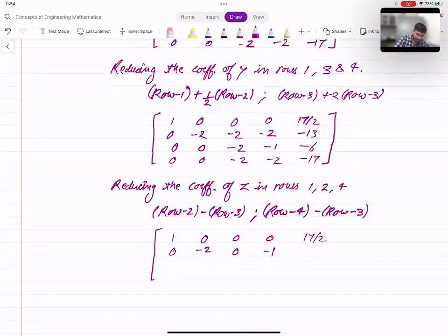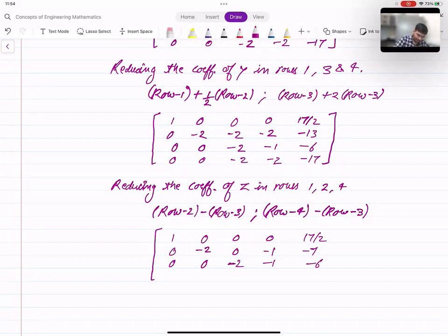And then here we have minus 13 plus 6, sorry, not plus 12, plus 6. So minus 13 plus 6 will be minus 7. Then the third row is unchanged: 0, 0, minus 2, minus 1, and this remains minus 6.